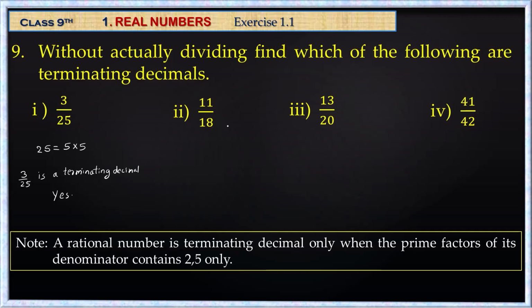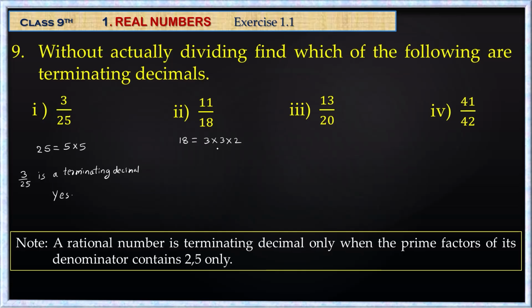So here the denominator is 18. We can write 18 as 3 6s are 18 and further 6 can be written as 3 2s are 6. So we can write 18 as 3 into 3 into 2. Here the prime factors are 3 and 2. As per the clue, the prime factors should not be different from 2 and 5. 2 is there, but another prime factor 3 is coming here.